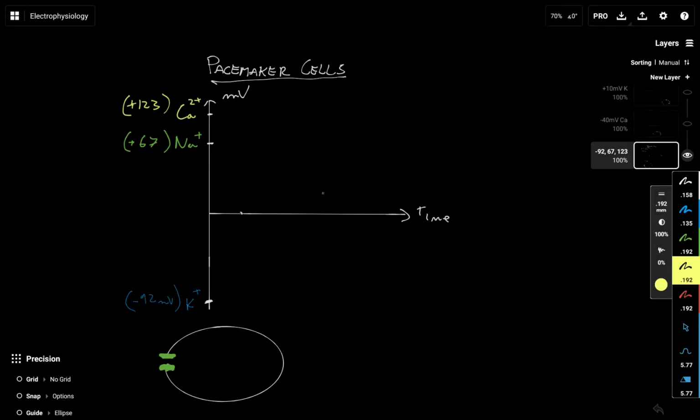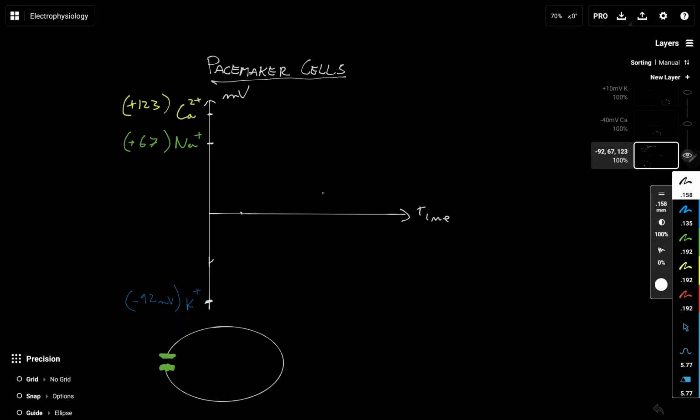My pacemaker cells don't have a resting action potential per se, because simply they don't rest. So we're just going to have a starting point of approximately minus 60 millivolts, and you will understand why towards the end. We're going to start roughly here, at minus 60 millivolts.